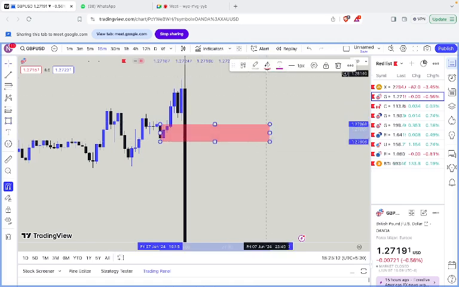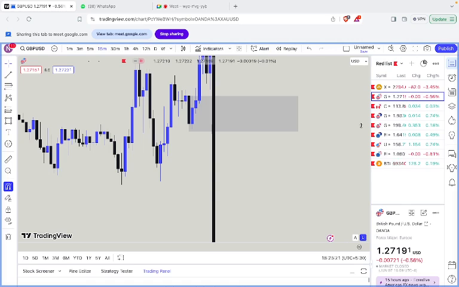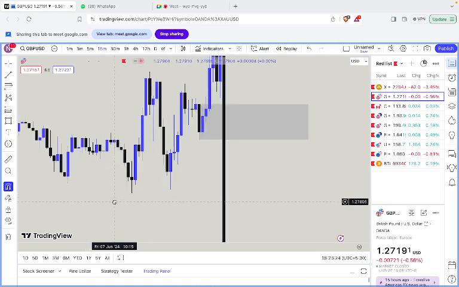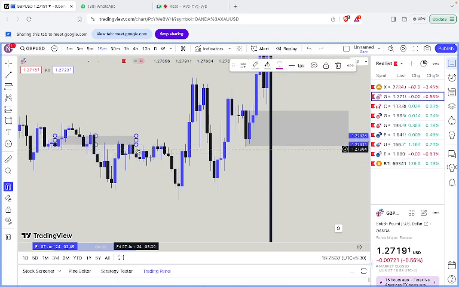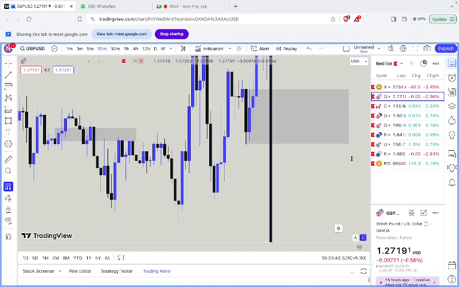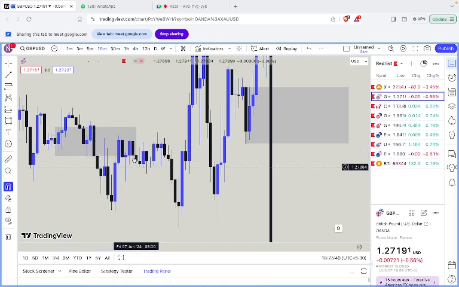Is this valid engulfing buy? Yes. Is this engulfing buy meets engulfing buy?